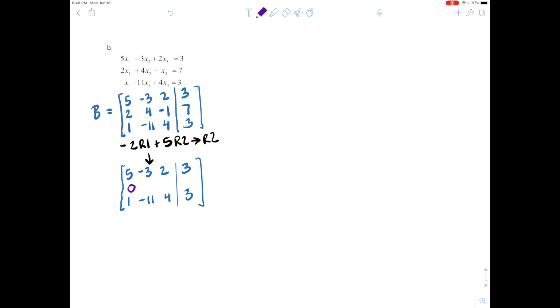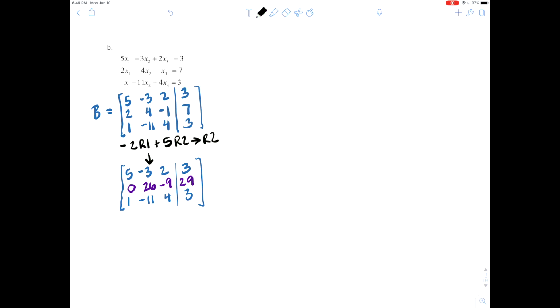And then we'll have positive 6 plus 20, so we'll get 26. And then negative 4 plus negative 5 will give us negative 9. And then negative 6 plus 35 will give us positive 29.